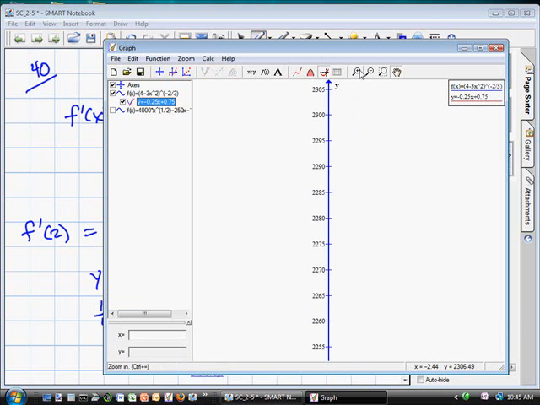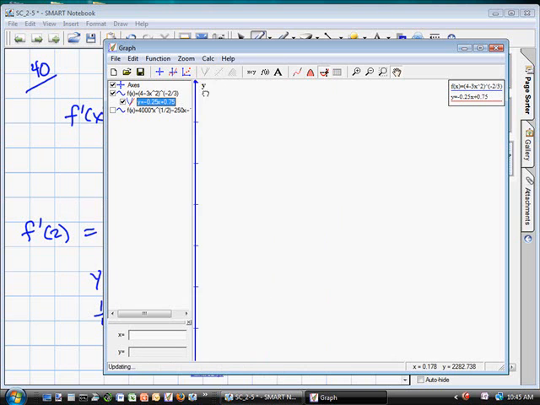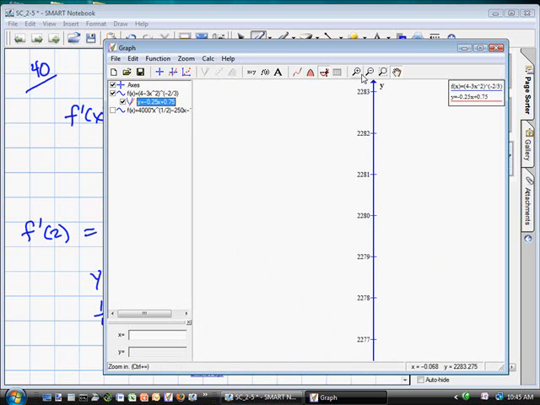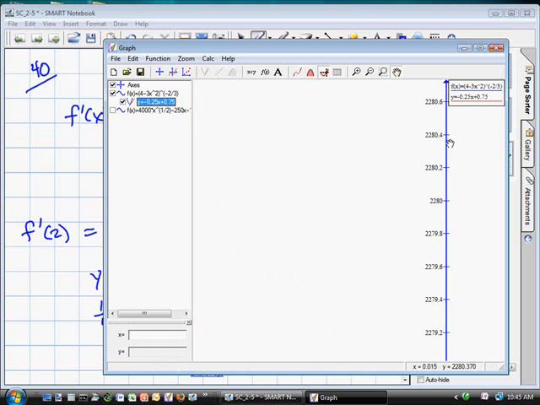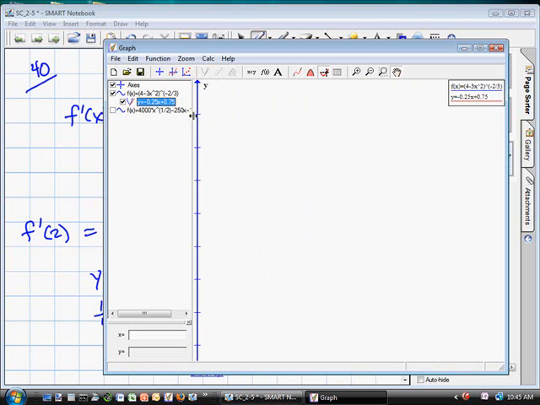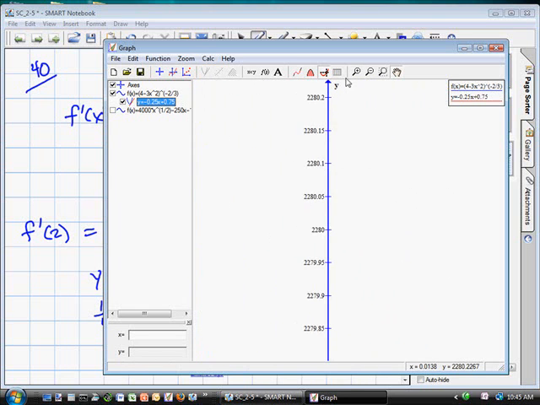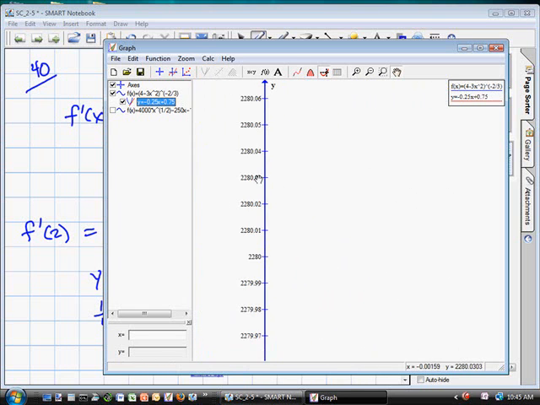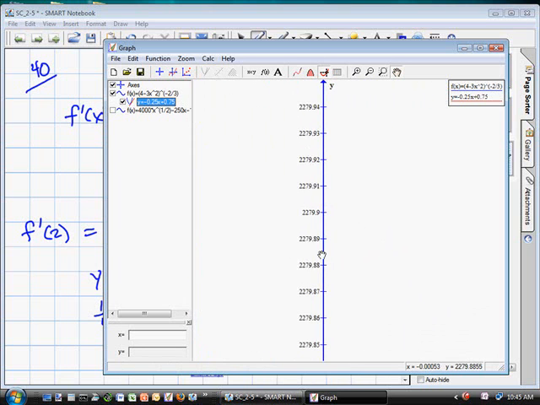Let's see, I got to zoom in, right? It's not doing much zooming. Okay.